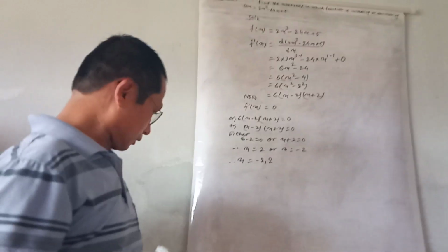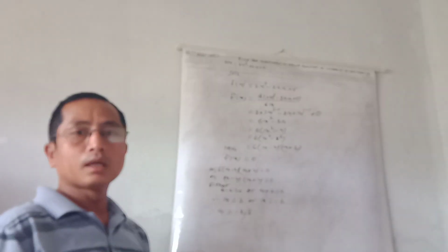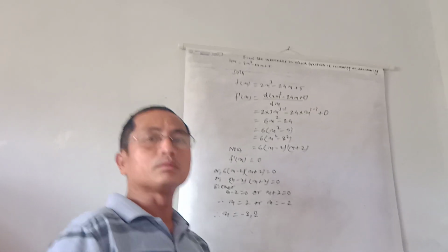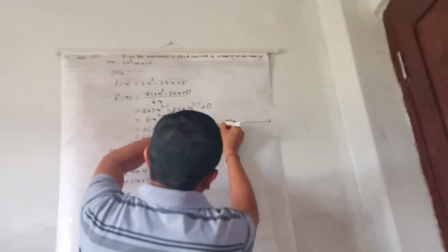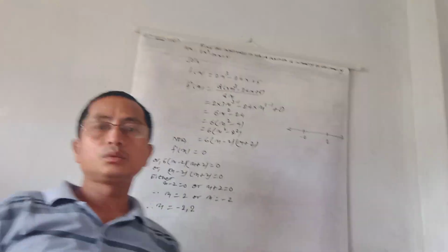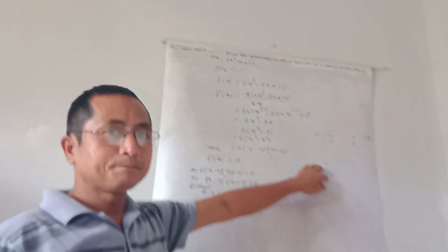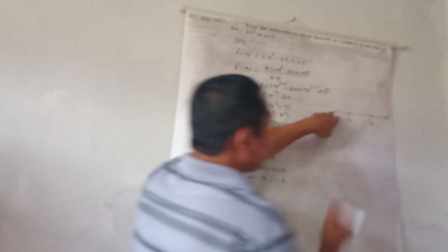Listen here, this divides the number line into 3 intervals. Suppose this is the number line, and this is minus 2 and this is plus 2. It has divided the number line into 3 parts: one is this, next is this, and this.